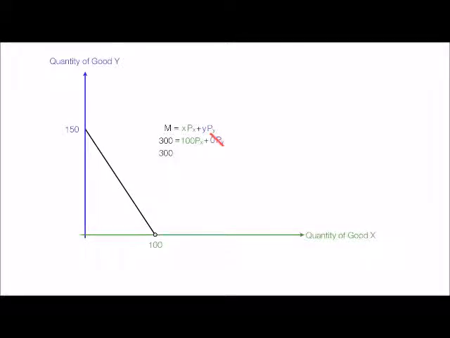So I'm left with 300 is equal to 100 times the price of X. I want to get the price of X by itself, so I multiply both sides of the equation by 1 divided by 100.